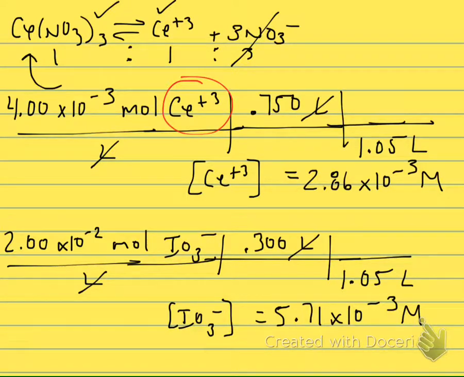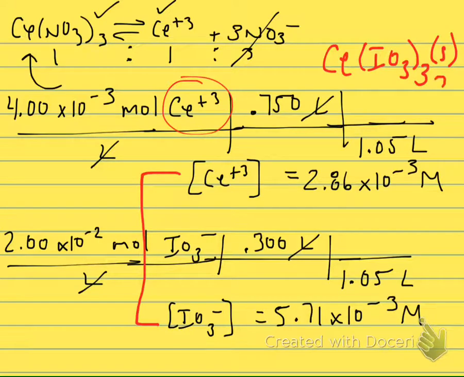So now I have good information. I have a newly acquired concentration for my Ce plus 3 and my IO3 minus. Because again, I was trying to figure out whether CeIO3 solid will form. And so I can think of my KSP equation now that I know these concentrations, and I can get a value for Q. And so let's do that on the next page.